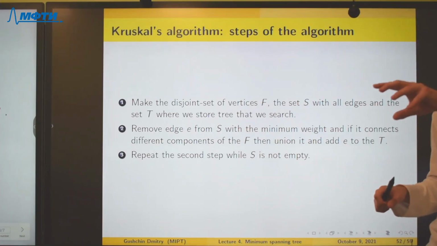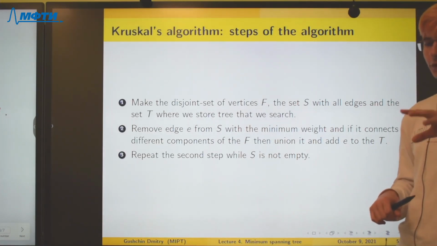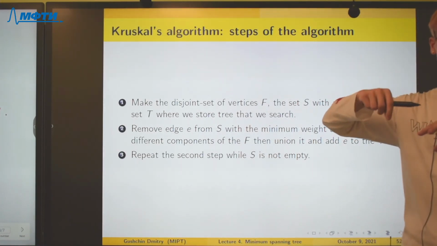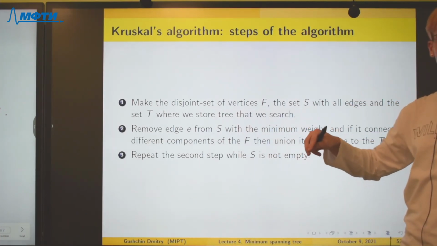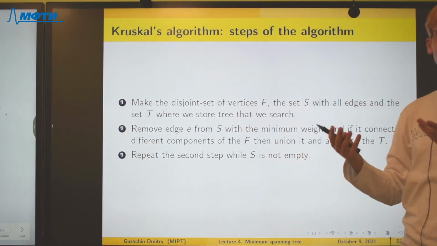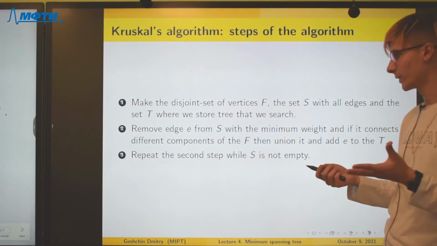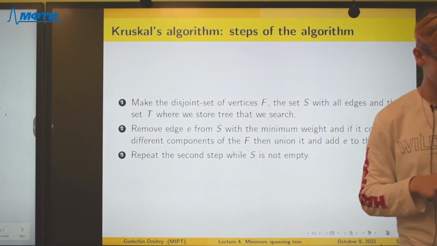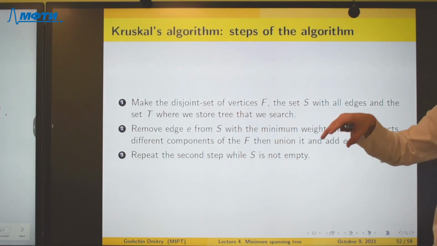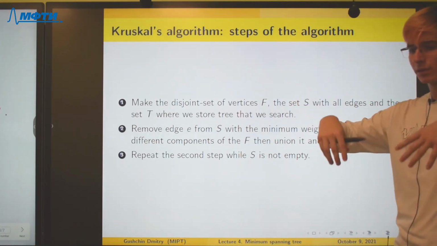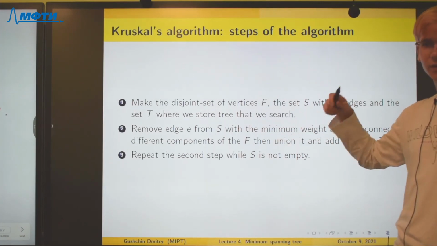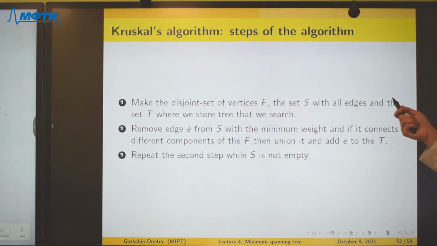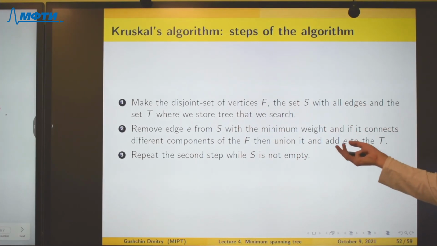For all vertices we find the edge with the minimum weight and add it to our tree, and then we connect different components, union them, and repeat until we get a tree.